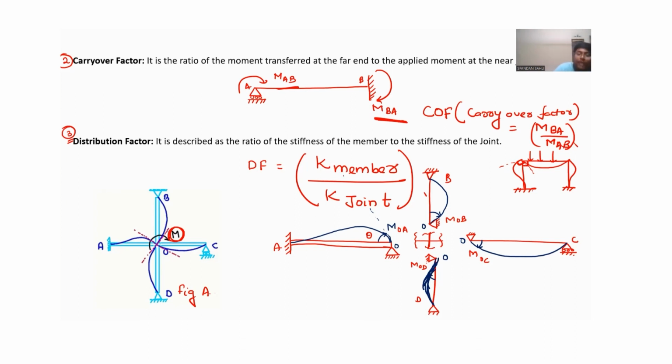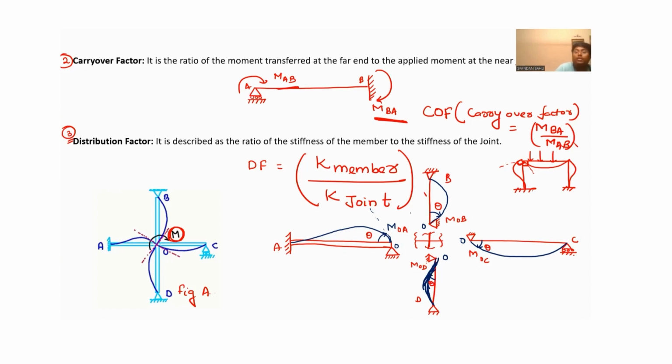Now, if that is the case, then by whatever amount theta this member is bent or rotated at this joint O, that amount the other member should also be rotated. Otherwise the preservation of the angle can't be done if the angles are not the same.